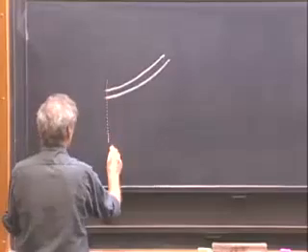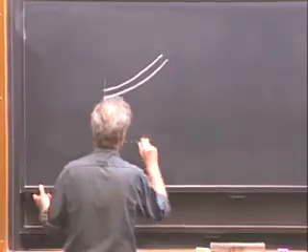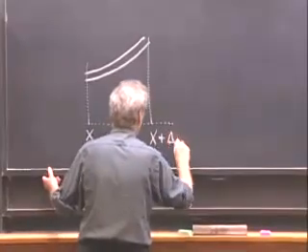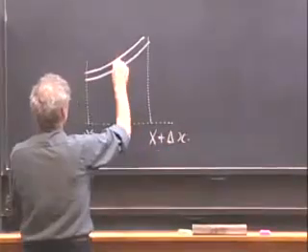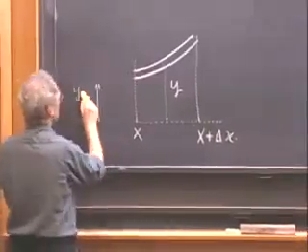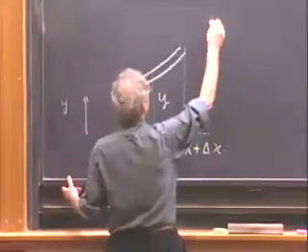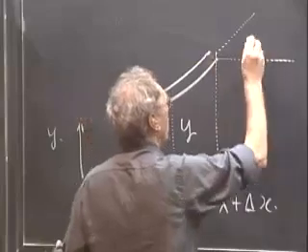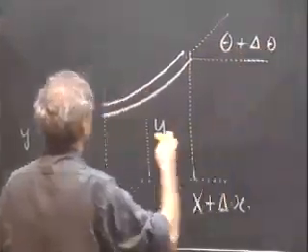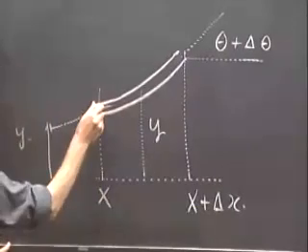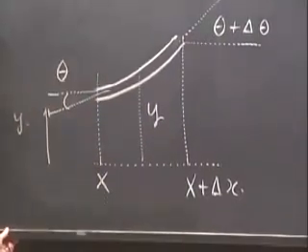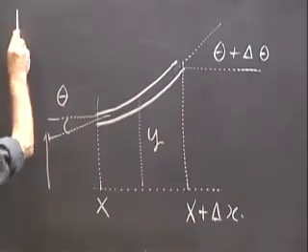Let's call this position X. And I call this position X plus delta X. I call this Y. I call this angle theta plus delta theta. And I call this angle theta.